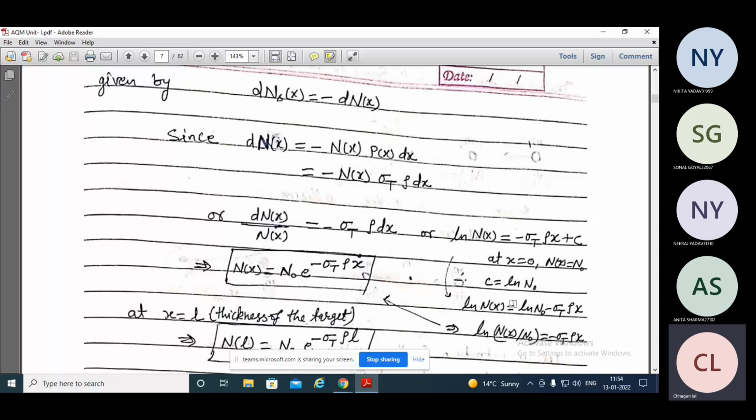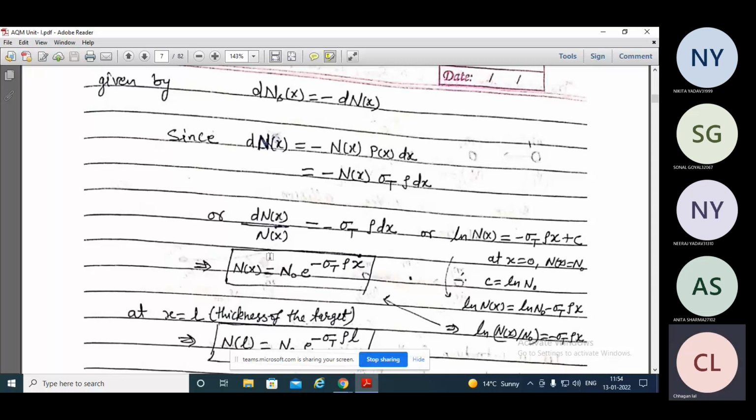Then you can rearrange this equation again, and we can find ln N(x) over n naught equal to minus sigma t rho x. So you can find from here N(x) equal to n naught exponential minus sigma t rho x.